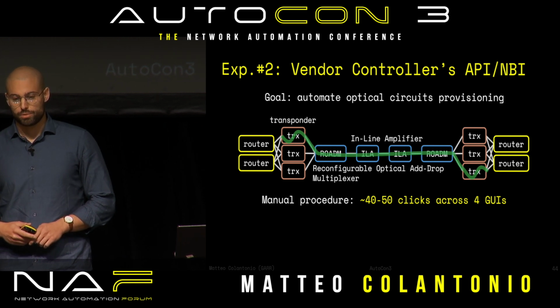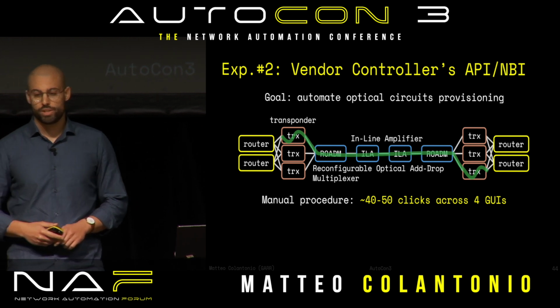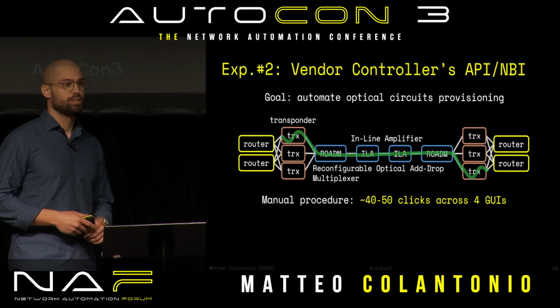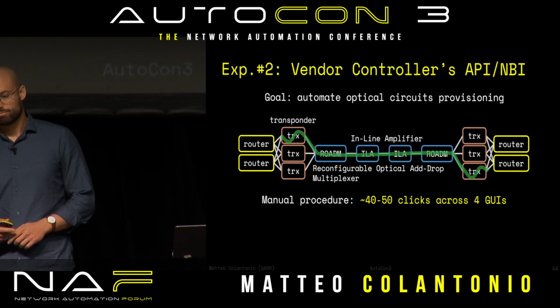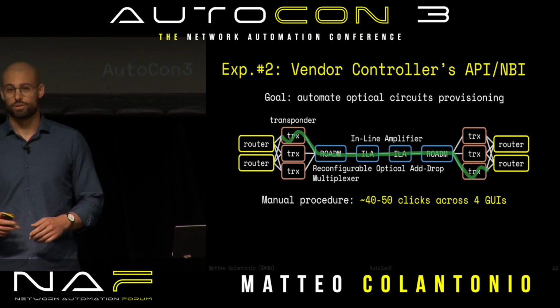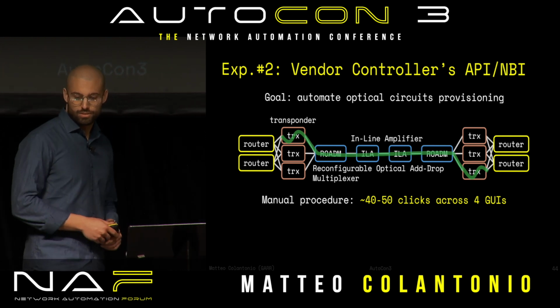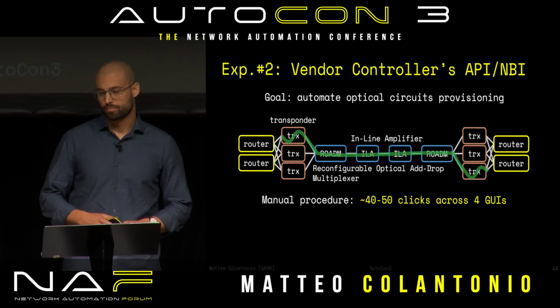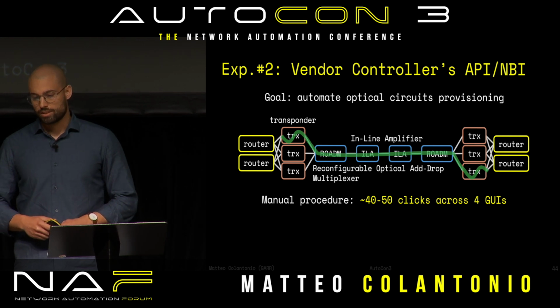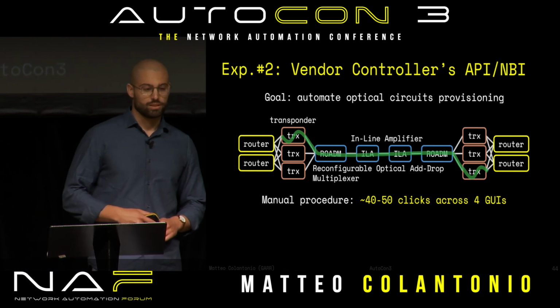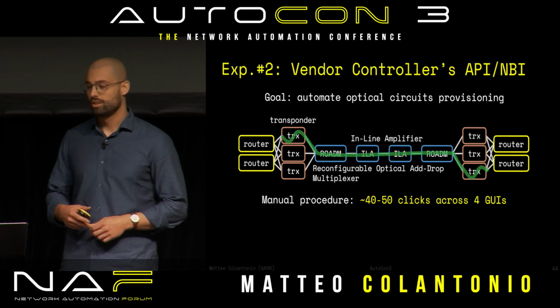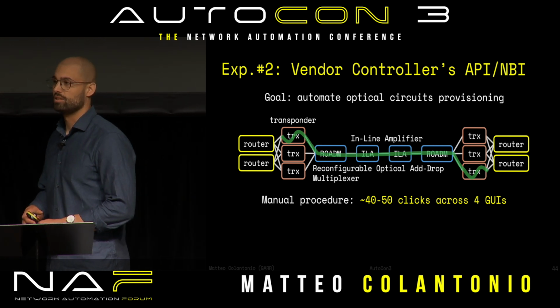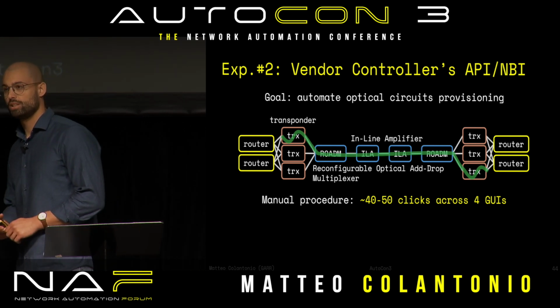And the goal here is to automate the provisioning of optical circuits, that is basically the Ethernet line for the routers on long-haul distances. This is something that takes manually between 40 and 50 clicks across different graphical user interfaces.